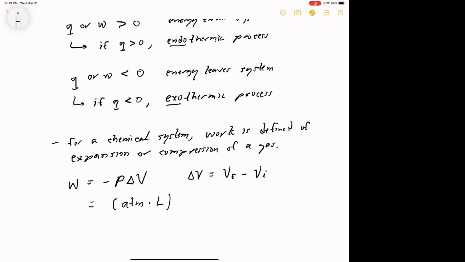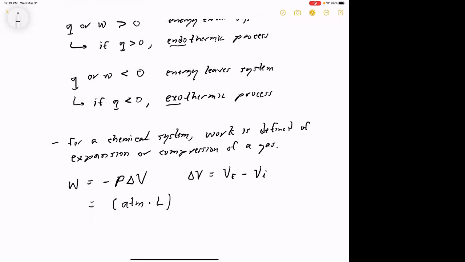But wait a minute, that doesn't really make sense, because what did I tell you before that the units of work ought to be? Was it atmosphere liters or something else? Well, it can be atmosphere liters, right? But what's the more conventional unit we use for work? Joule. Joule, yeah, exactly right.